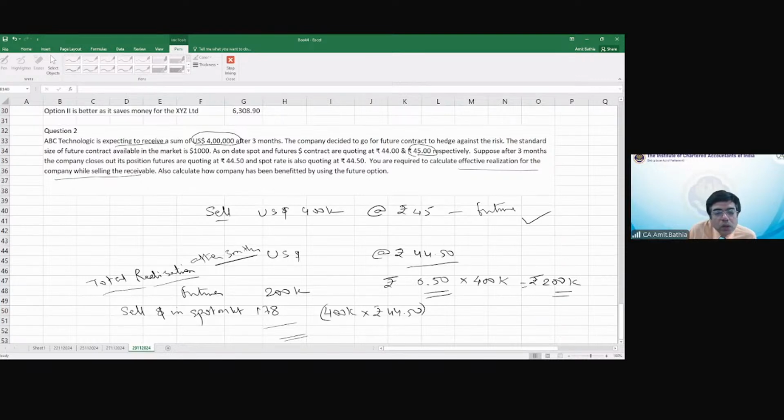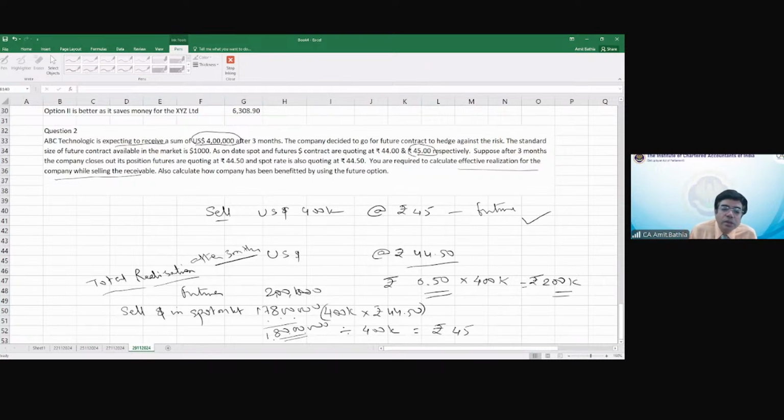Plus the 2 lakhs from futures. So I have 1 crore 80 lakhs. This will be my total realization. So in other words, what is the rate I realized? If you divide this by 400K, logically you should receive 45 rupees. Are you getting 45 rupees? Check. Yes, sir.